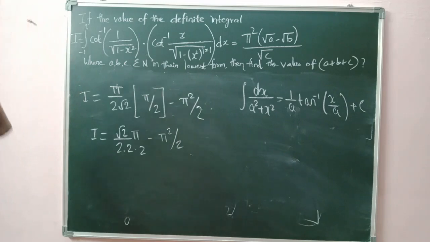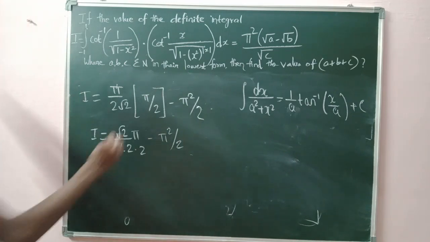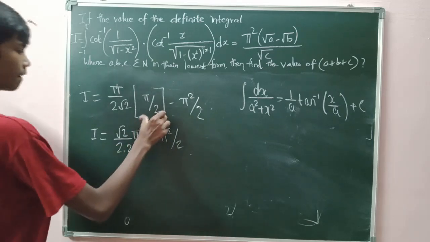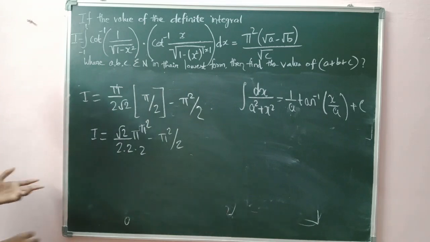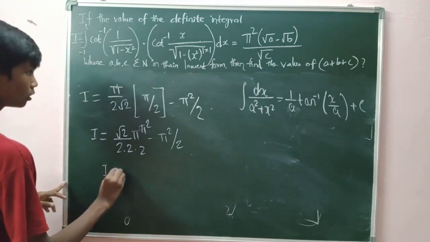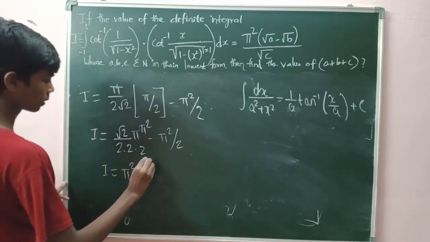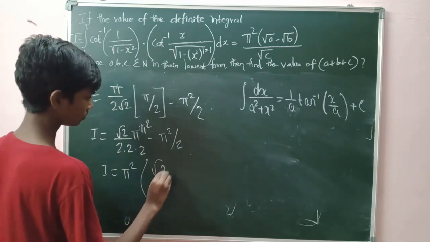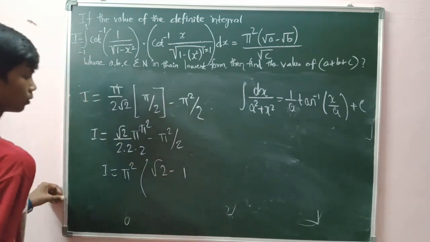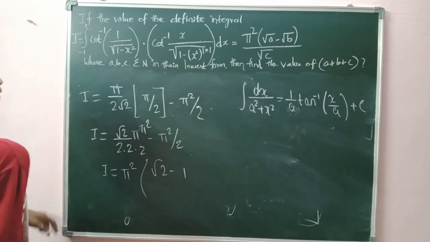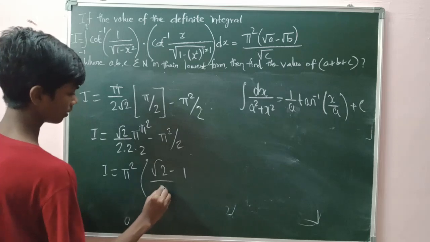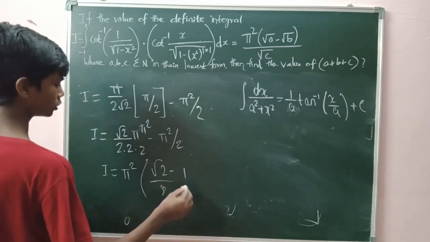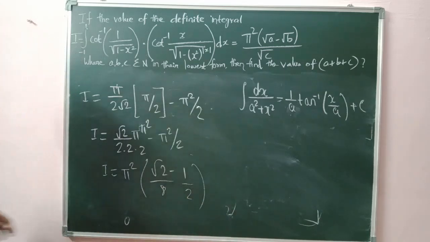So we need pi square common. Okay, it will be pi square over here, correct only. So take your pi square common. So therefore I will be equal to pi square common, root 2 by 8 then 1 by 2, right?